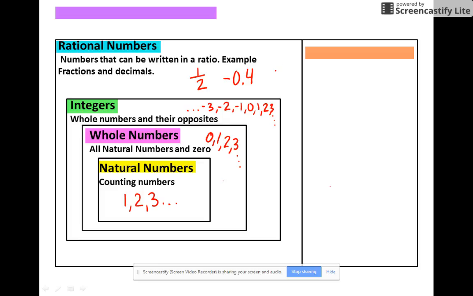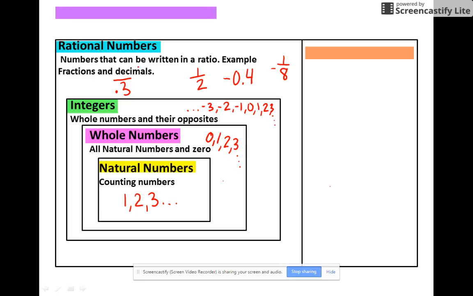And it could also be things like negative 1/8. All of those are examples of rational numbers. Another example of a rational number could be 0.3 repeating. 0.3 repeating is also 1/3. It can be written as a ratio, so that classifies it as a rational number.